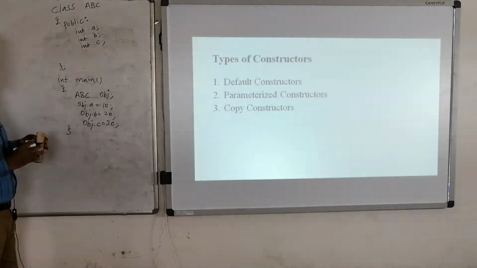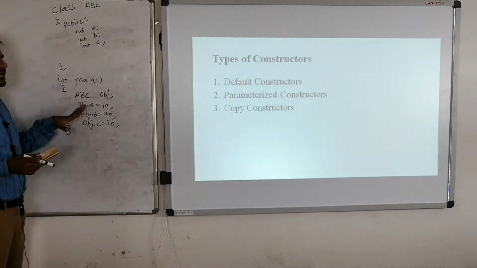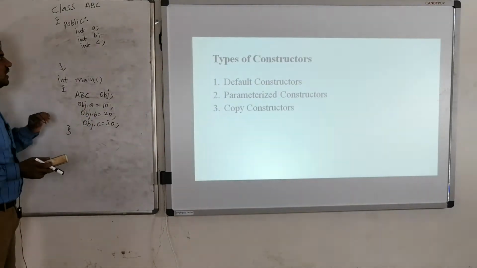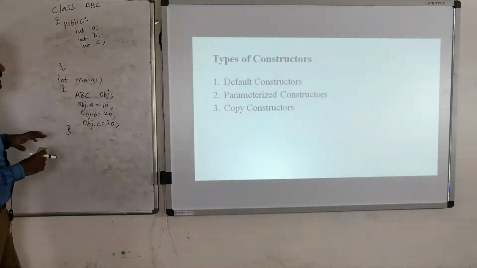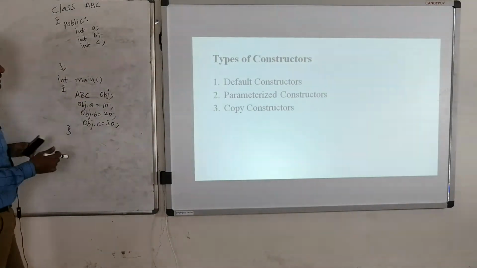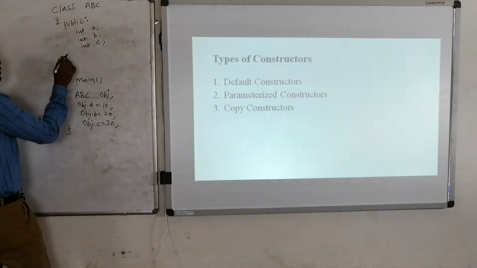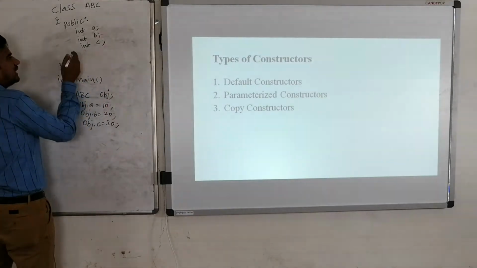This is the simplest way, but it consumes a lot of code. How can we simplify and optimize this code? With the help of constructors. Whenever you are creating this object, it will automatically call the constructor.